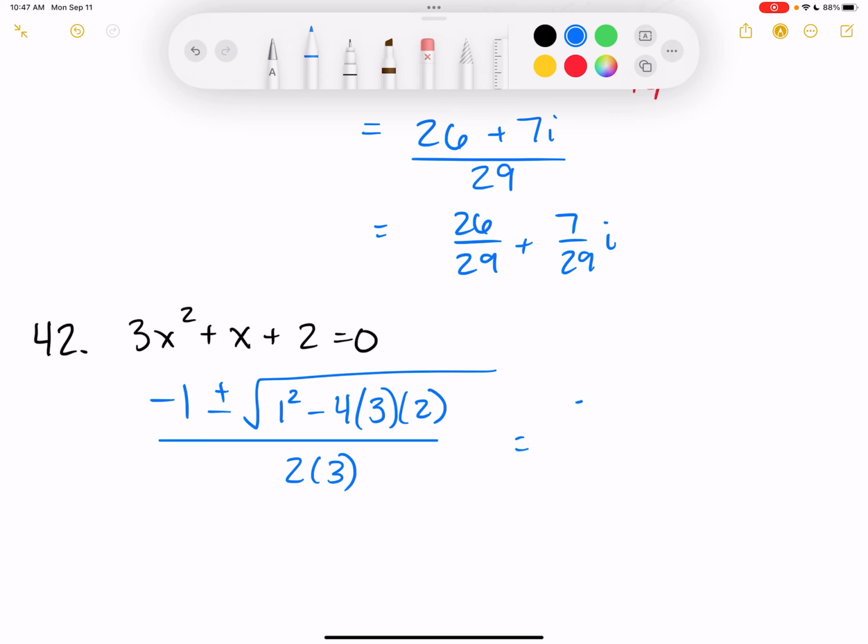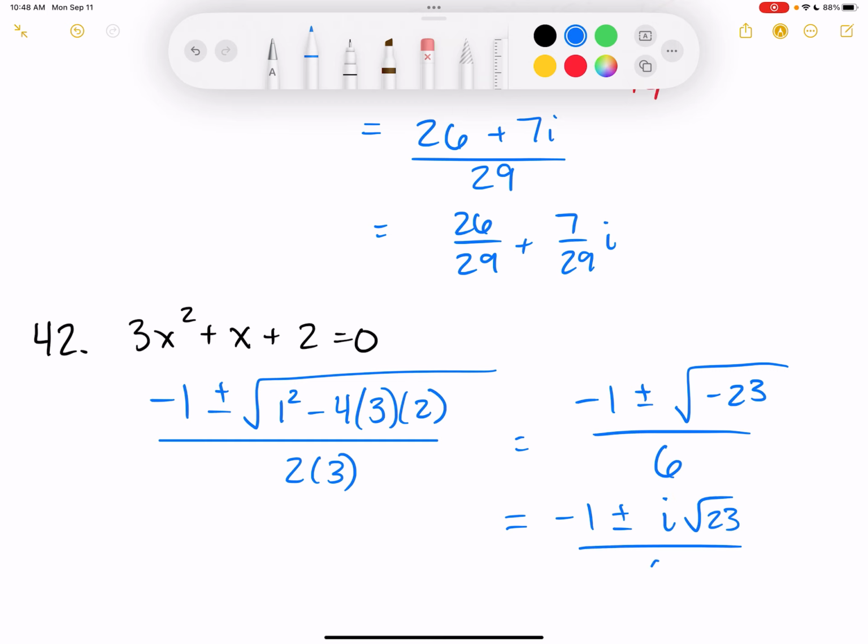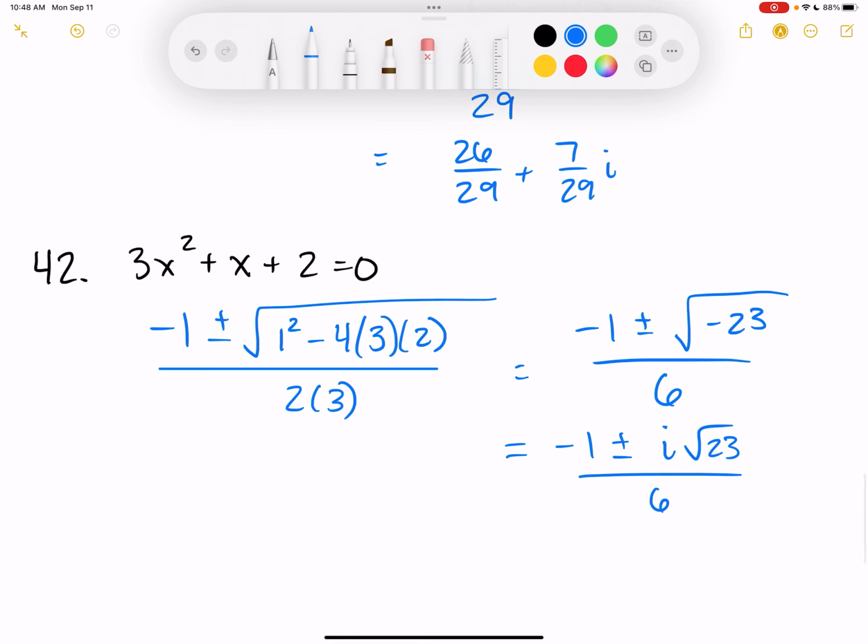So we've got negative 1 plus or minus the square root of 1 minus 24, so negative 23, all over 6. An i is coming out of that, so negative 1 plus or minus i root 23 over 6. And then I just need to split it so we're in standard form: negative 1 over 6 plus or minus square root of 23 over 6 i.